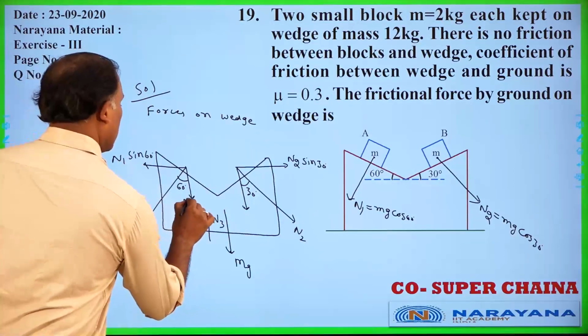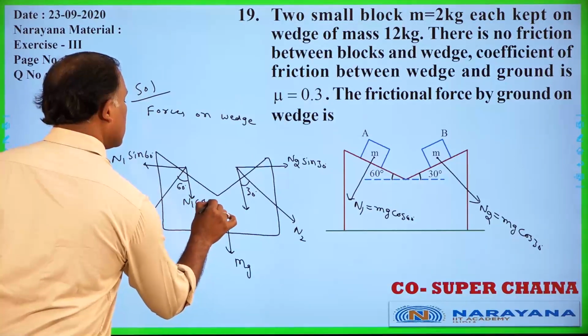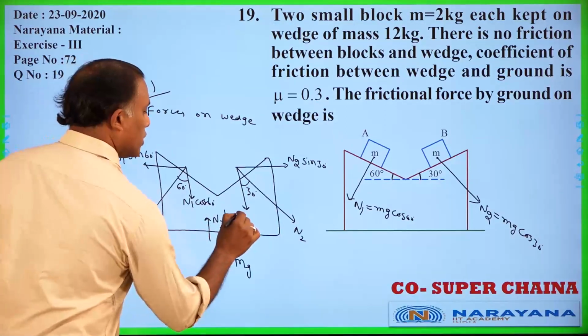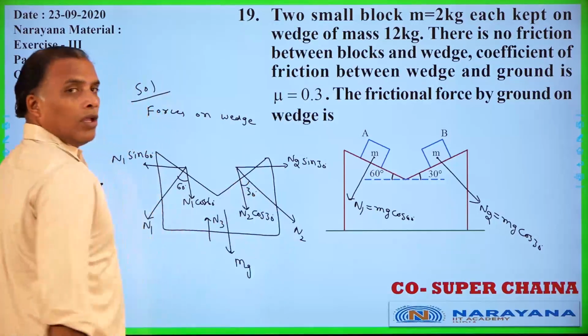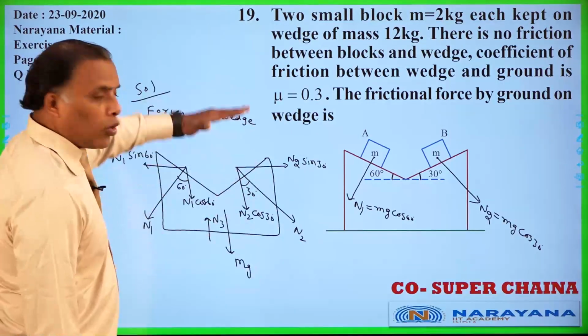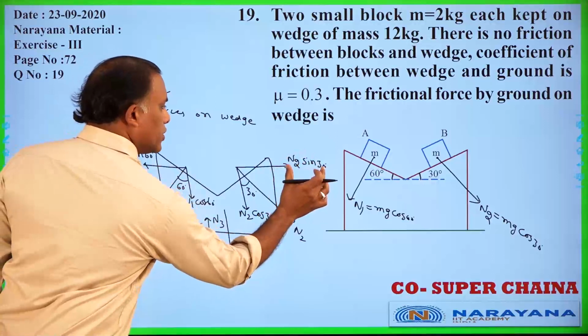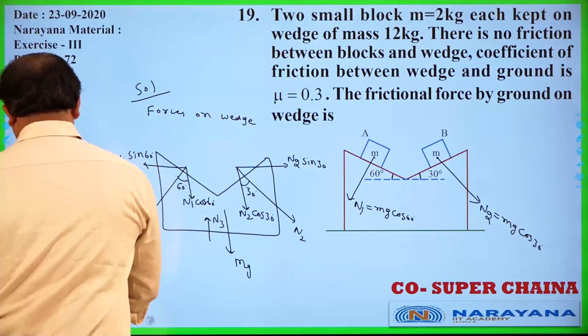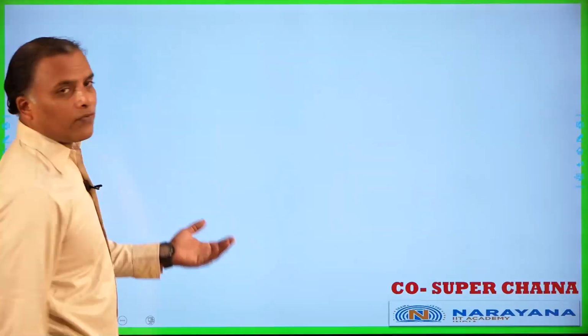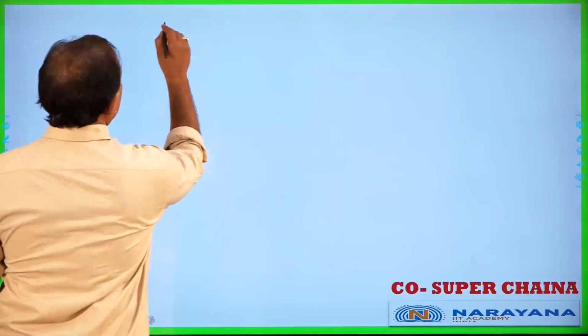Along the vertical it won't move, but along the horizontal we need to see N2 sin 30 and N1 sin 60, and what the resultant force is. If a resultant force is there, we can get the required answer.